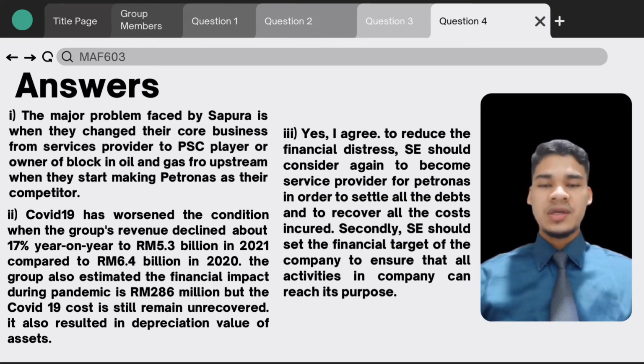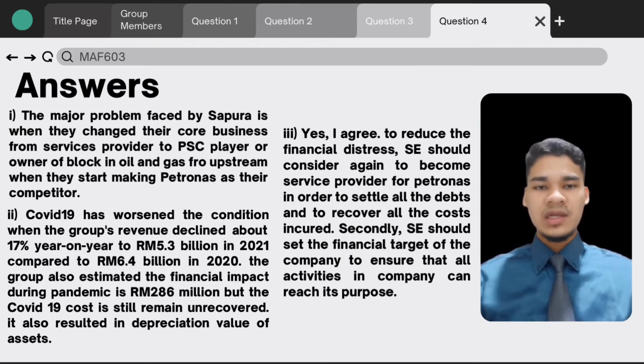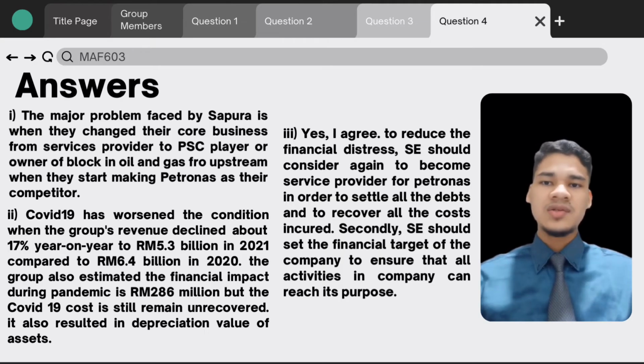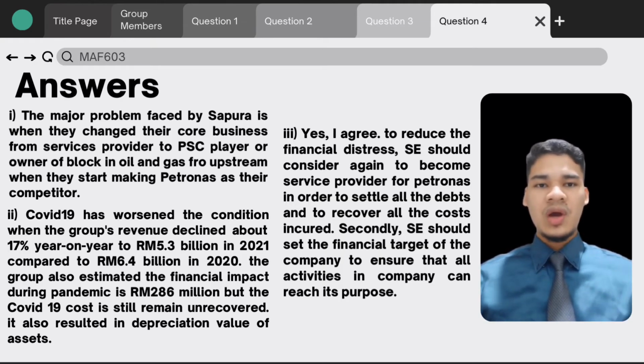So in conclusion, from our group project, we have learned how to calculate the value of equity, debt, cost of debt, and also the debt to equity ratio. Apart from that, we also know how to analyze the financial statement of the company in order to calculate the capital structure of the company.